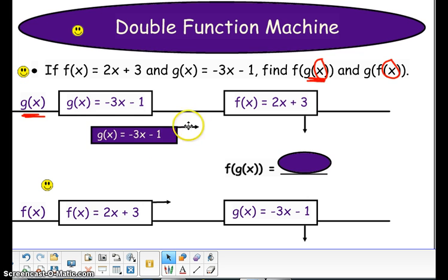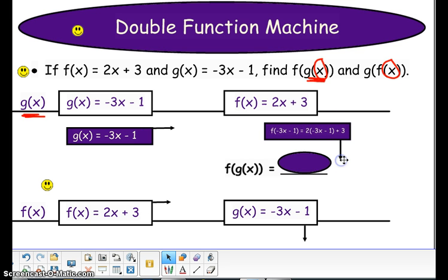We're going to take that and plug it into this one. Both places where you see an x, it's getting replaced with that negative 3x minus 1 in both spots. Now all we have to do is simplify, and we only have to worry about the right side. Let's try it and then check our answer.